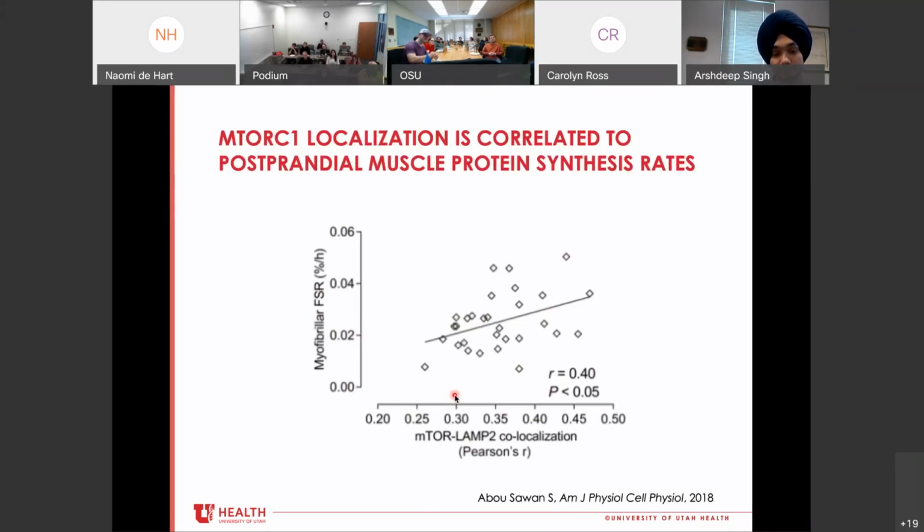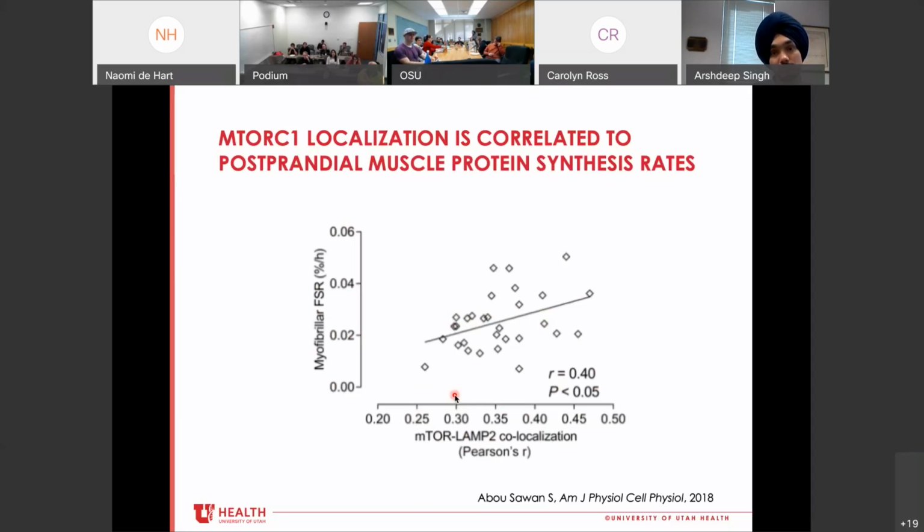Since I just mentioned that mTOR binds to the lysosome when it's activated, it seems like the lysosome is the best location for mTOR to be in order to increase protein synthesis. So I think it's important to understand what this translocation actually means when looking at protein synthesis directly.